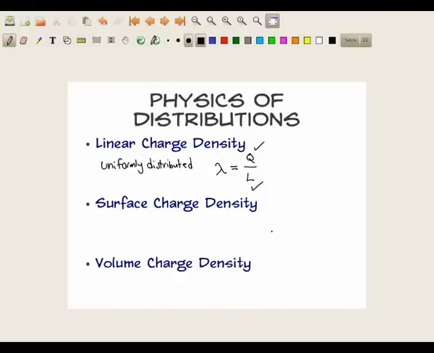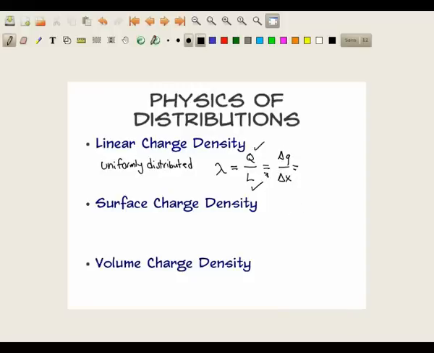Now again, if this is uniformly distributed, we can look at any piece of this line, let's say a piece that has a length delta x, and we can count up the charge in that piece. We'll call that delta q. And again, that ratio will be equal exactly to lambda.